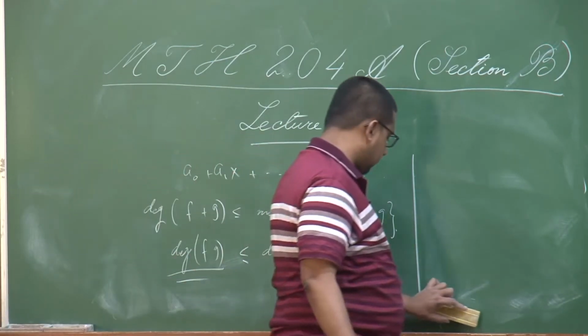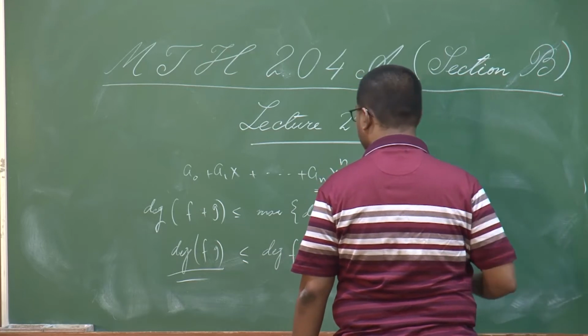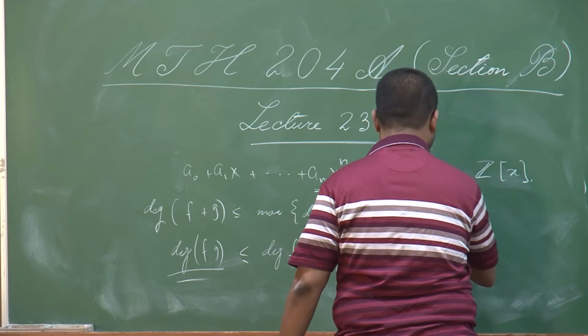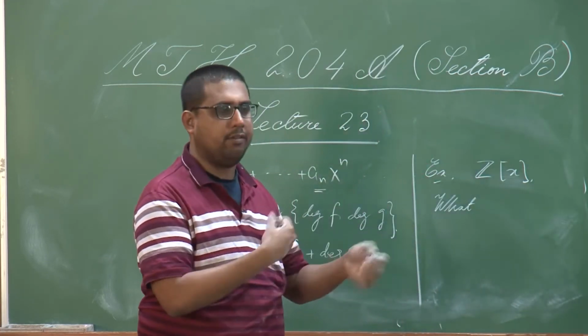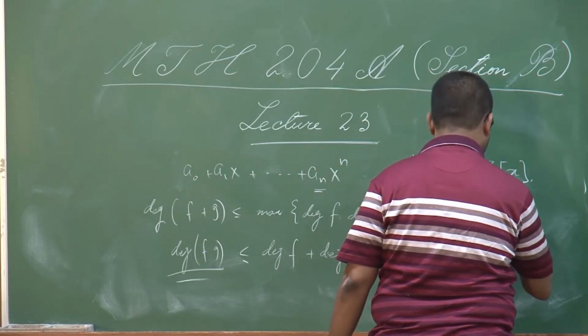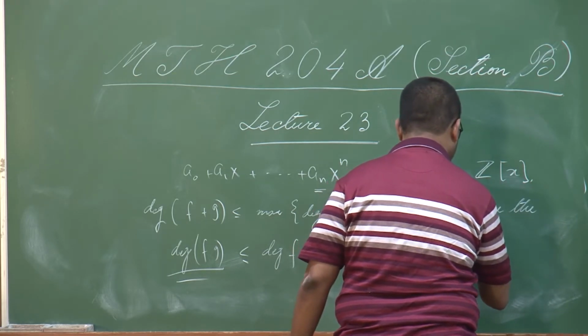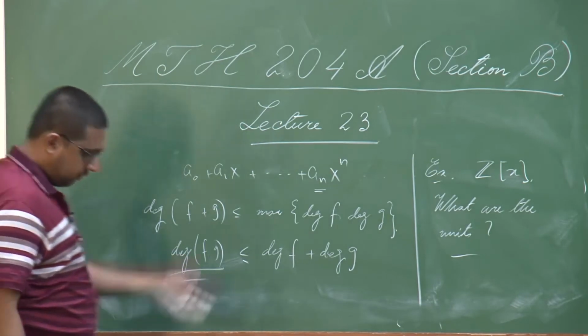Now, let me just leave it as an exercise. Let us say you consider Z[x]. The question is, what are the units? By a unit, I mean an element which has a both-sided inverse. What are the units in this ring?